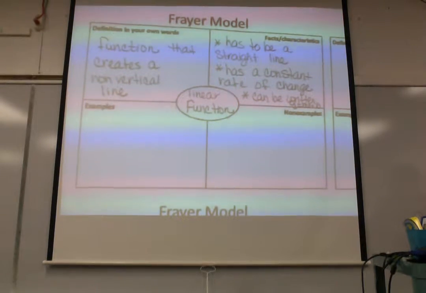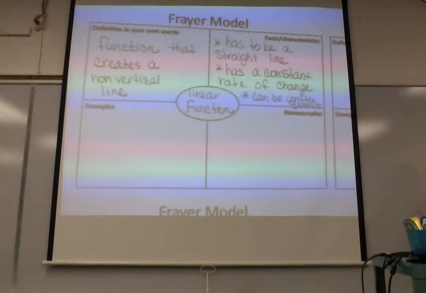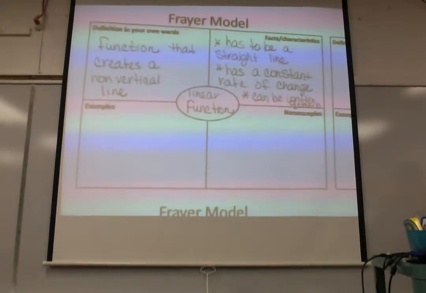Y equals mx plus b. I'm kind of jumping ahead, but I want you to include that so that you have it later. We're going to be talking about it in this chapter. So I just want you to include it now so we don't have to add it later. And if it's a linear function, it can be written in slope-intercept form.